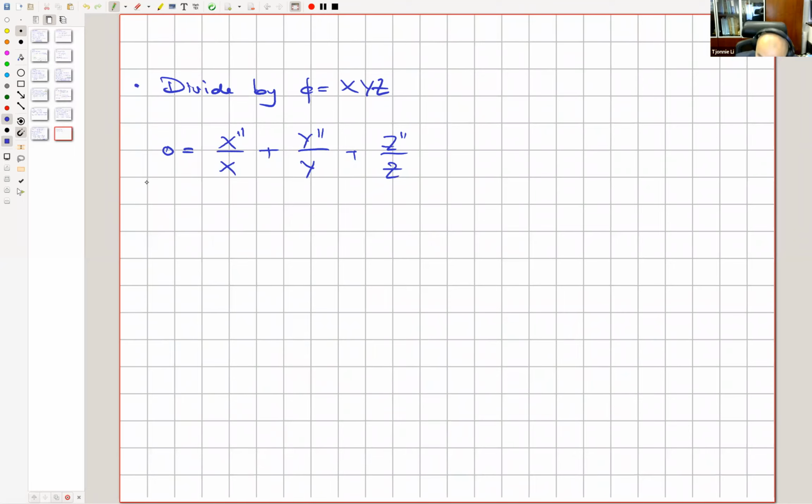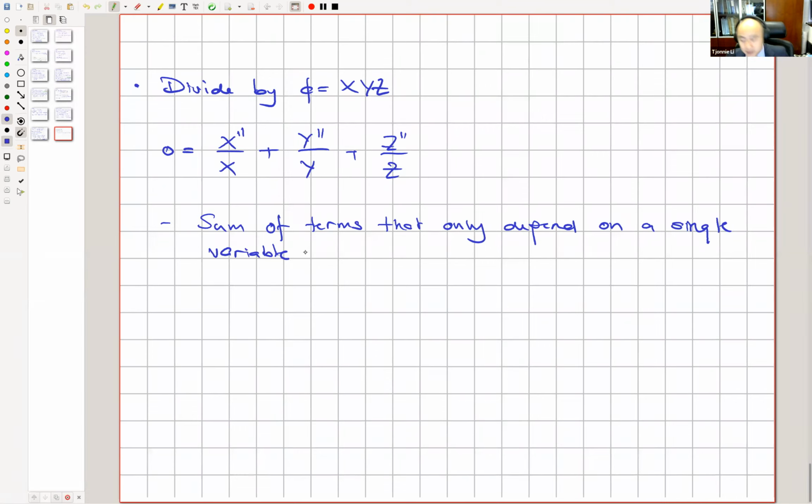And now what do I have? I have a sum of terms that only depend on a single variable. So every term in this sum only depends on one variable, right?